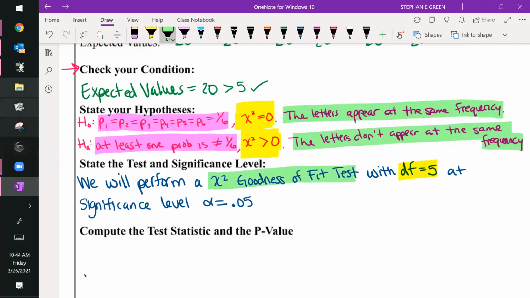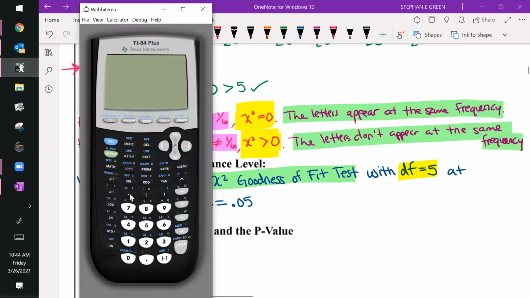When we go to our calculator later on in this section, you will see there are 2 different types of chi-squared test. There's a regular chi-squared test, and there's a chi-squared GOF, goodness of fit test. So we're doing this one.